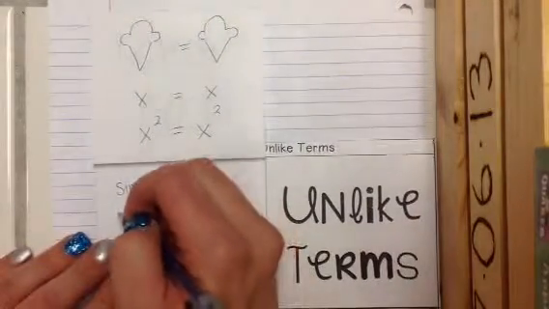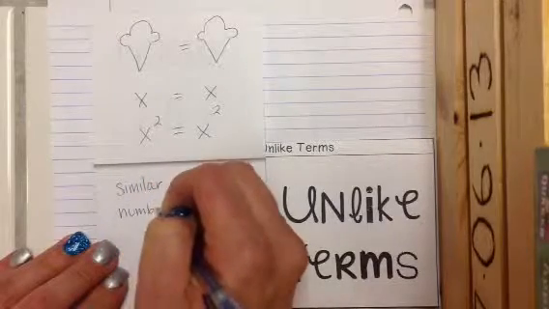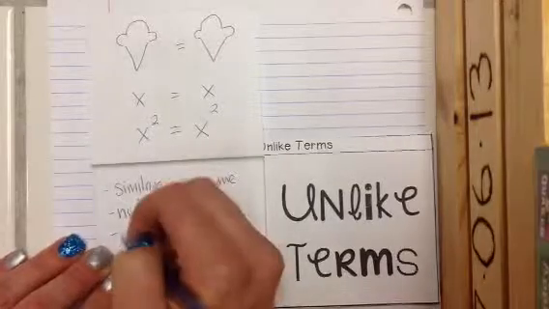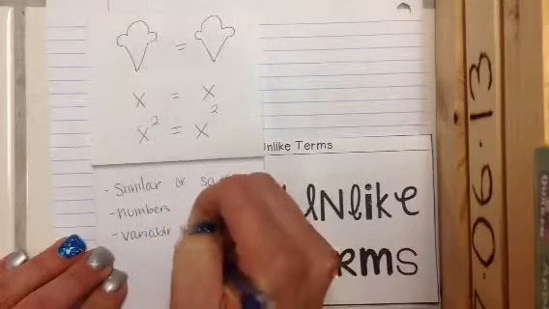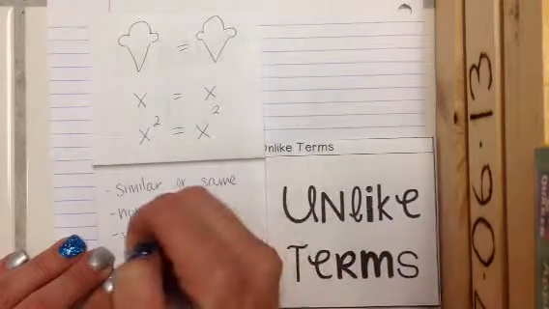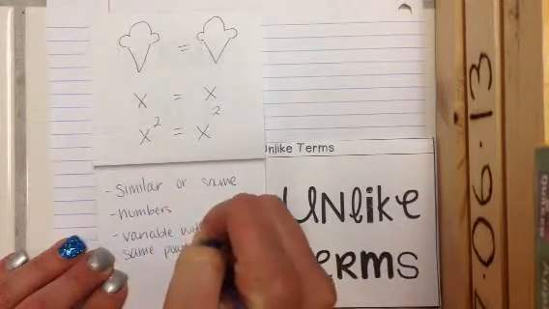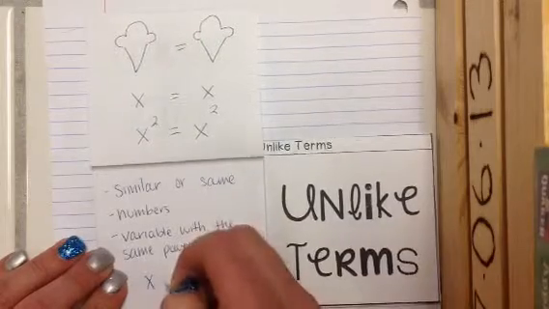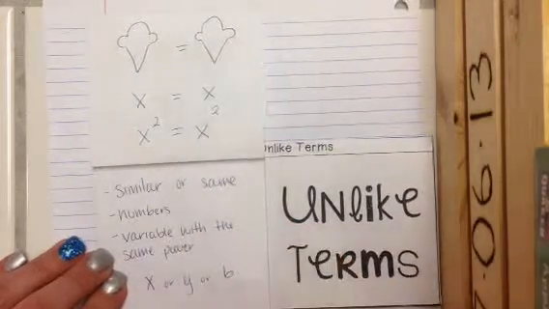They can be numbers, or they can be variables with the same power. So that's letters like X or Y or B.